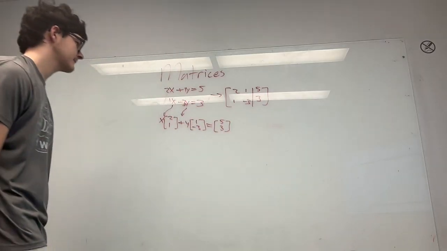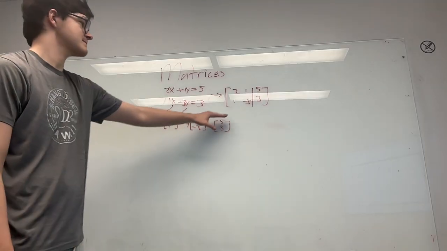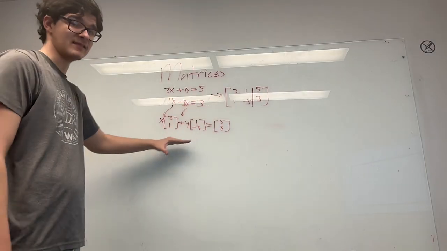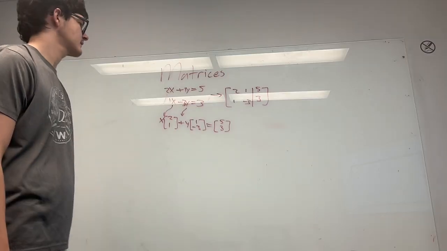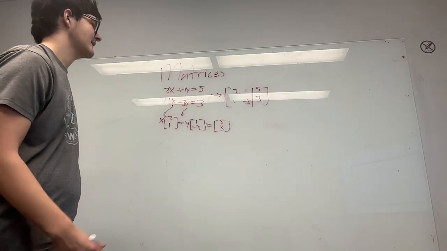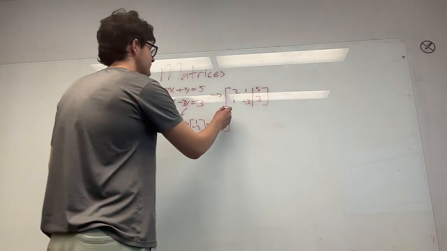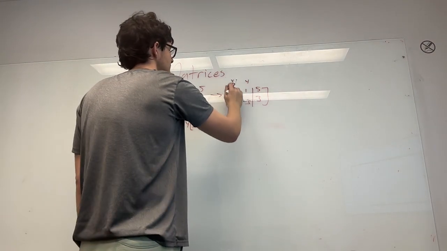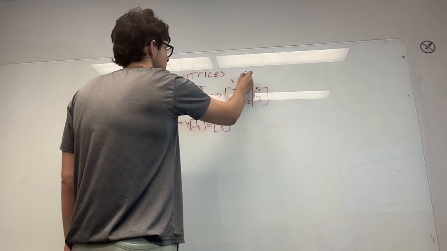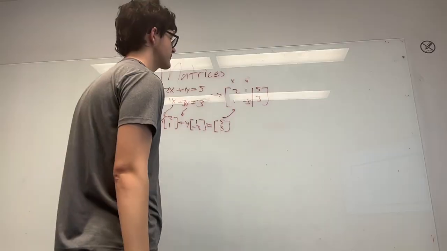All this matrix is doing is taking this, and you can see how we get there. This column is x and this column is y. We got that? Now we're going to row reduce.